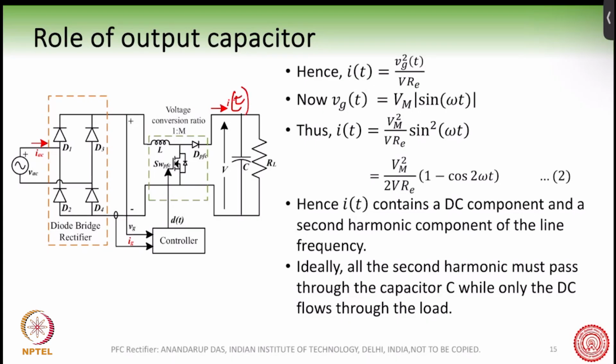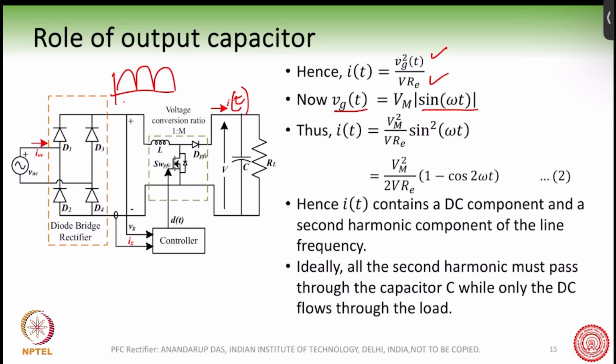In this current we see VGT squared divided by RE. Now, what is the expression of VGT? VGT is, as I told you, Vm into mod of sine omega t.